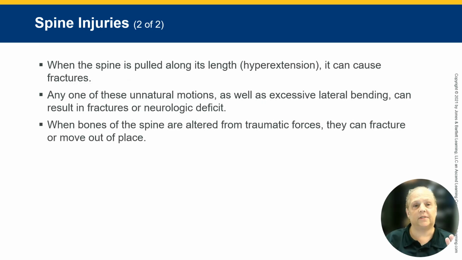We can have hyperextension. We can have fractures in the spine, misalignment of the spine, ligament injuries with that hyperextension. When we do have an injury to the spine, it can cause the vertebra to move out of alignment.